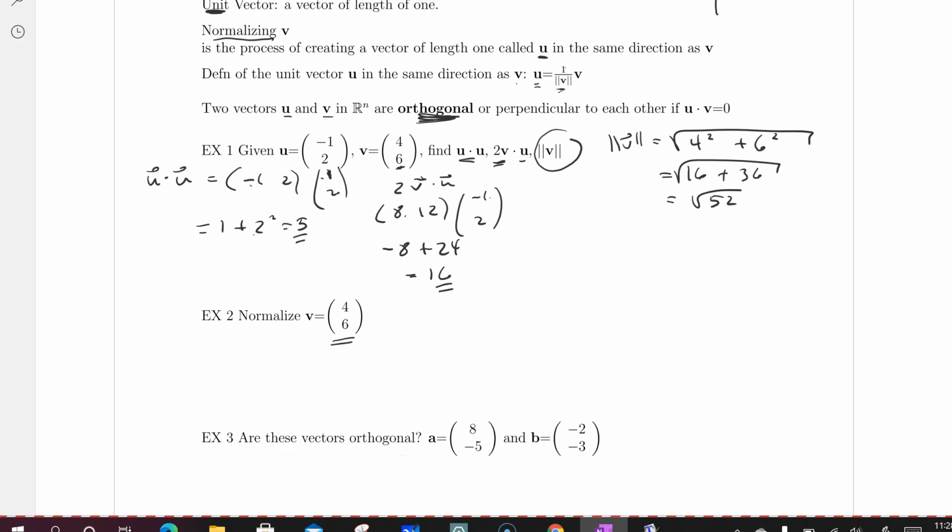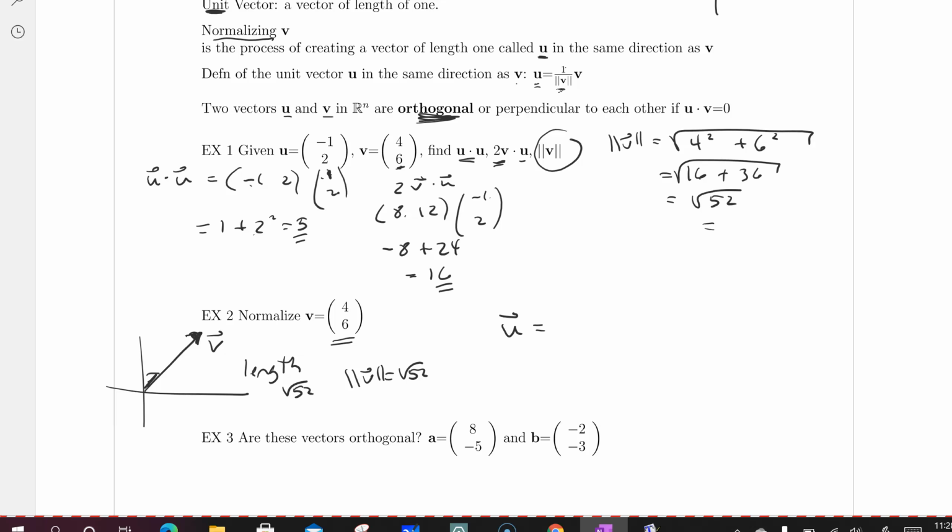So this is asking us to normalize v. Again, let's get a picture going here. This would be the vector v, which is not of length 1. Actually, I know what the length is: this vector has length root 52, because I just figured it out. To normalize means to find the vector of length 1 in the same direction as v.